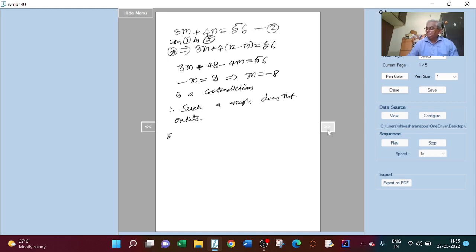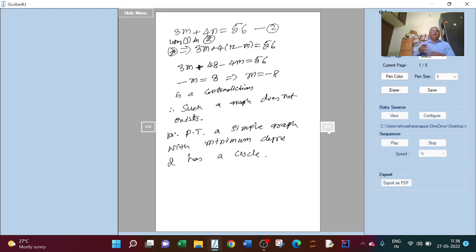Next result: prove that a simple graph with minimum degree 2 has a cycle.